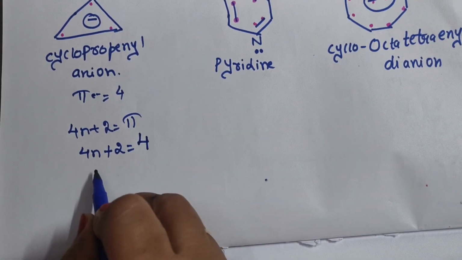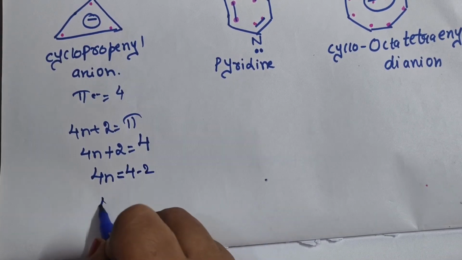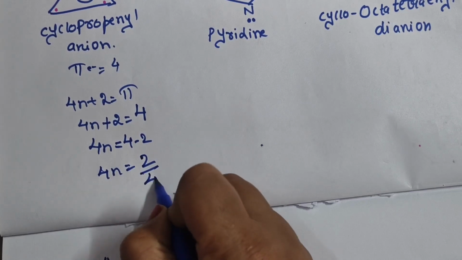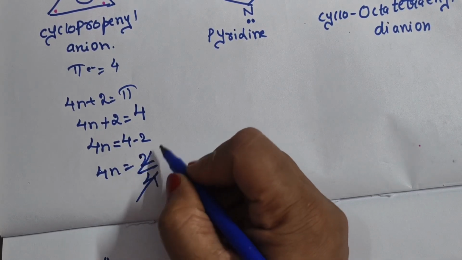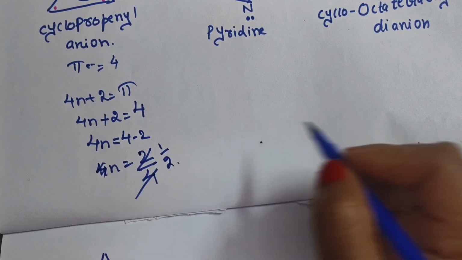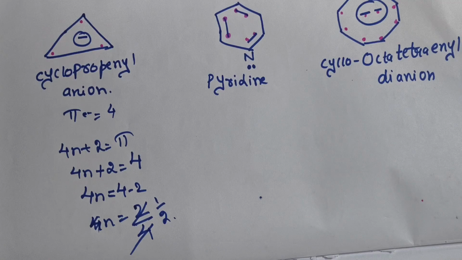So 4n is equal to 4 minus 2, so n is equal to 2 by 4. Again you will get 1 by 2, 0.5. So it's not a whole number value, so this is also a non-aromatic compound.